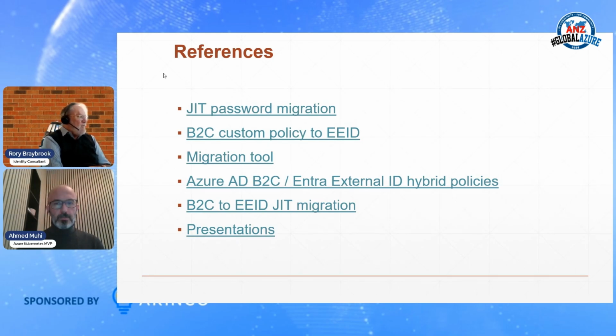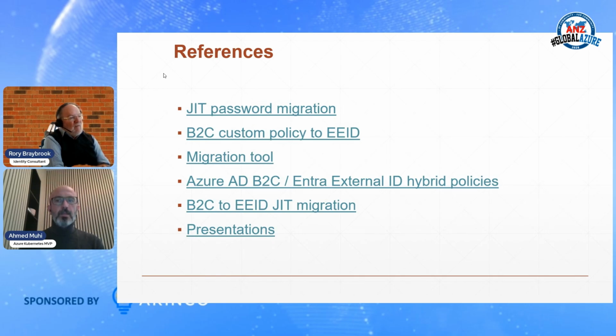So at the moment, Entra External ID is not feature complete with B2C, but they are adding stuff all the time. So it is getting more and more feature complete. And obviously there are things that they're going to add, things like passkeys, things like Microsoft Authenticator, all these things are on the roadmap, which will never be in B2C because B2C is code complete.